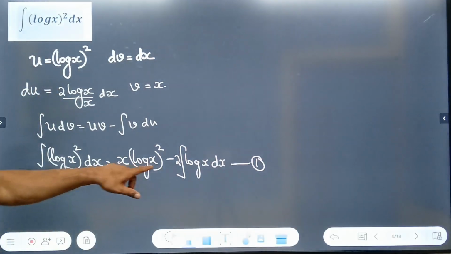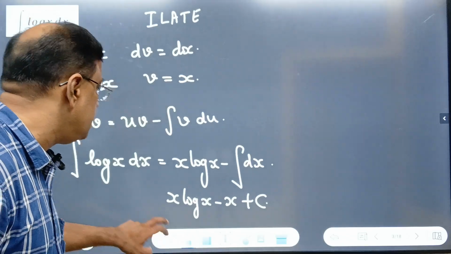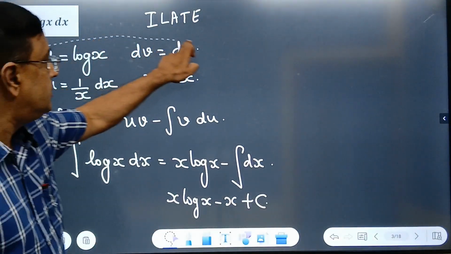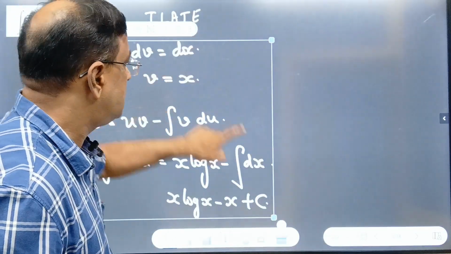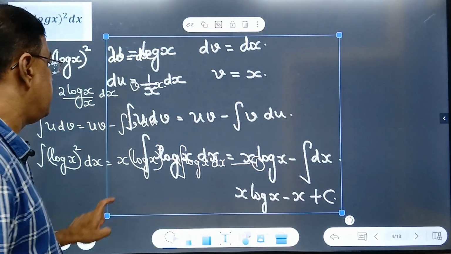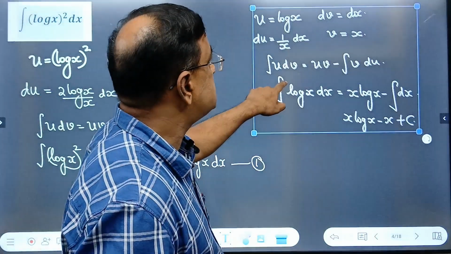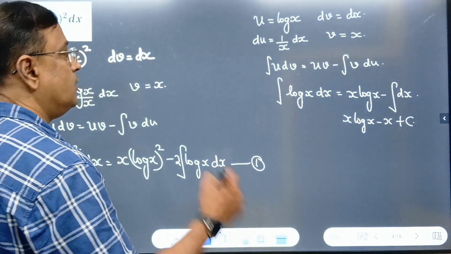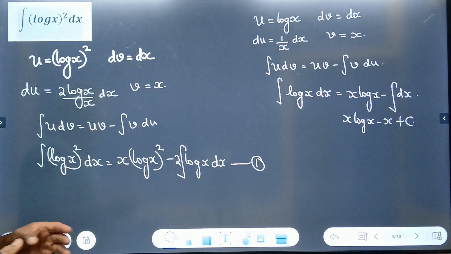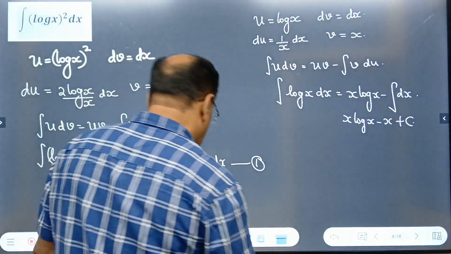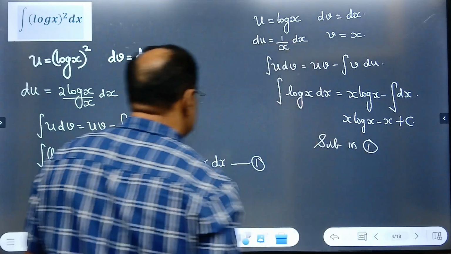Now consider integral log x dx. You see, we have already done that problem here, so I'll just copy this and paste it here. Integration of log x dx is this. So here I am doing integration by parts 2 times, and all I need to say is substitute in 1.